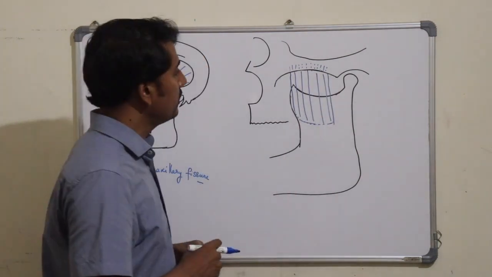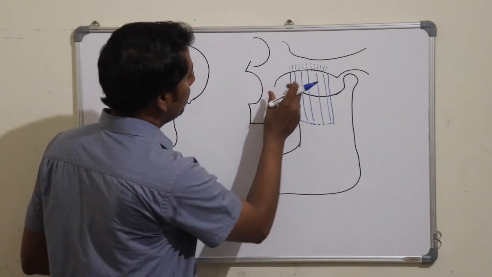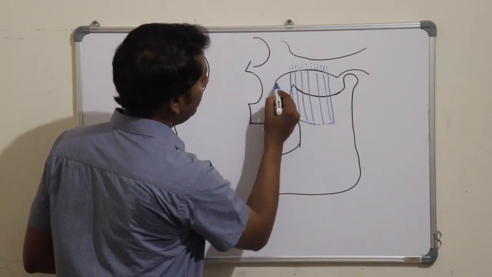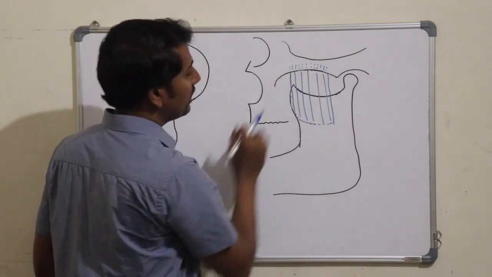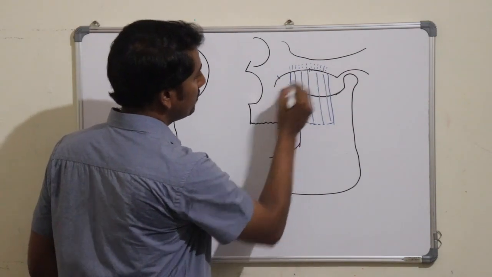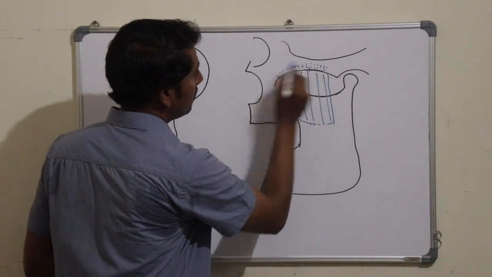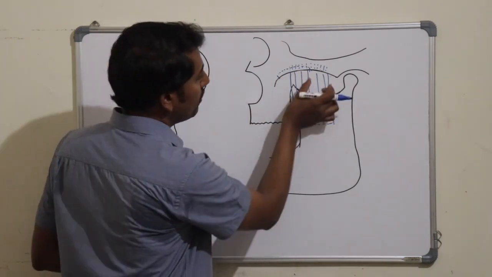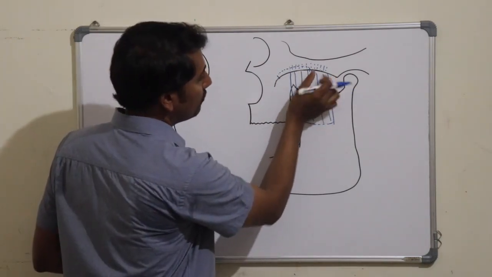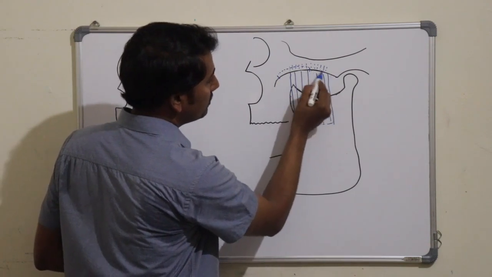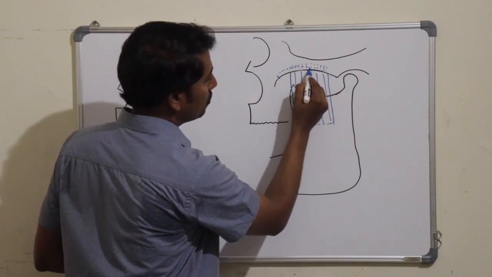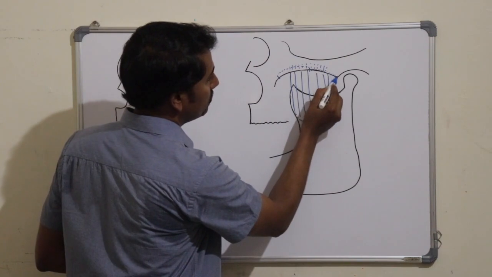Now the middle layer. The middle layer arises from the deep surface of the anterior two-thirds of the zygomatic arch, this area, deep surface, and from the posterior one-third of the lower border of the zygomatic arch. So from this area also.